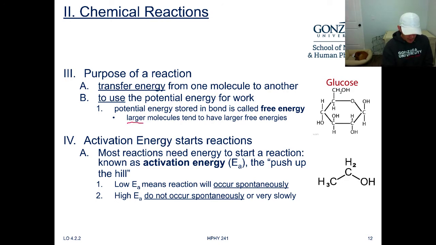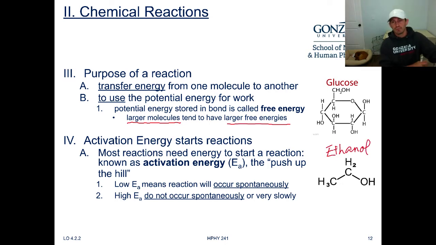Another, kind of to emphasize this, a larger molecule, because it has more bonds, tends to have larger free energies. And this is where these two compounds on the right-hand side of the screen come into play. So we've got glucose up here, and then it's not labeled, but this is an ethanol molecule. Both of these are biomolecules. We have some carbon-carbon bonds, we have some carbon-hydrogen bonds in the ethanol.